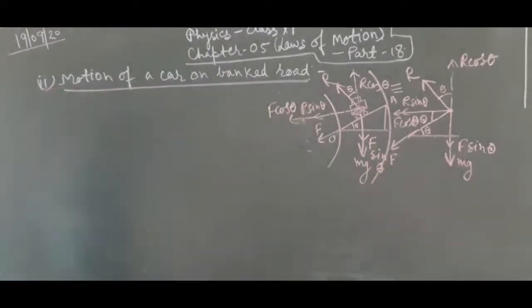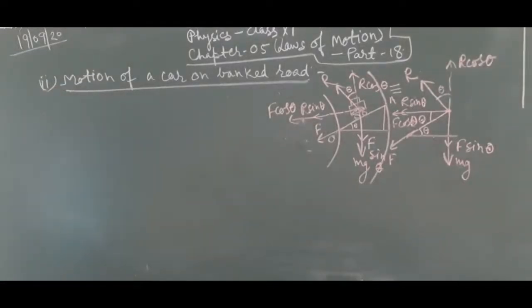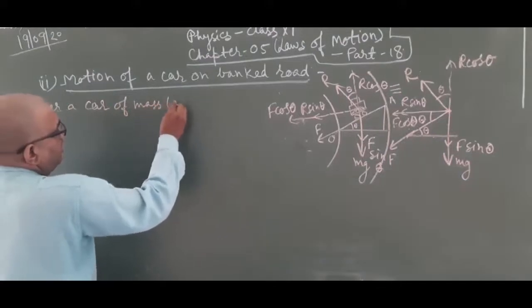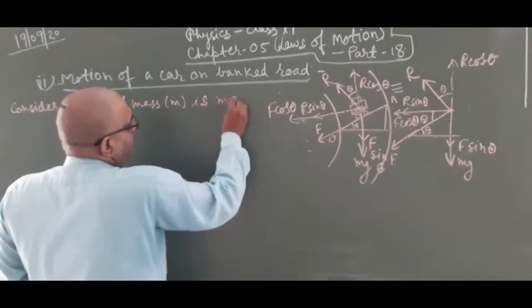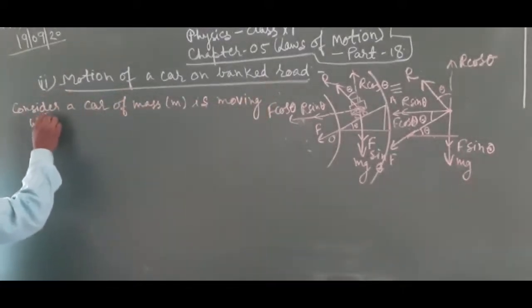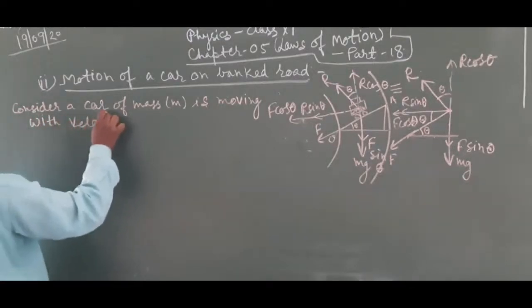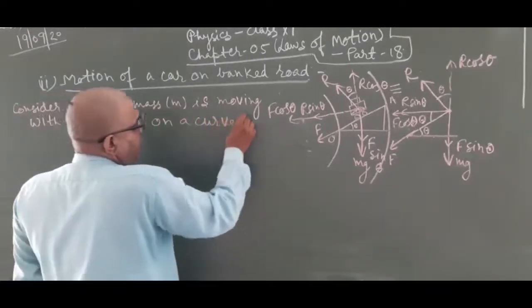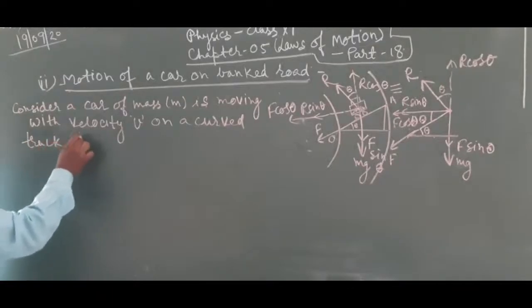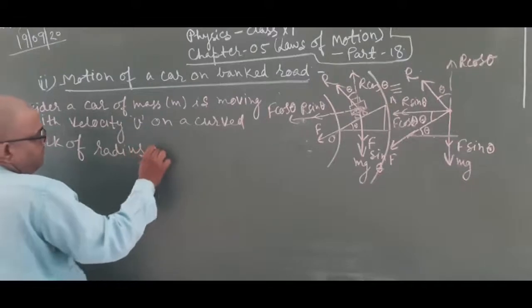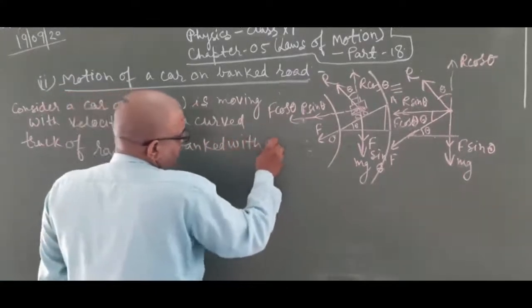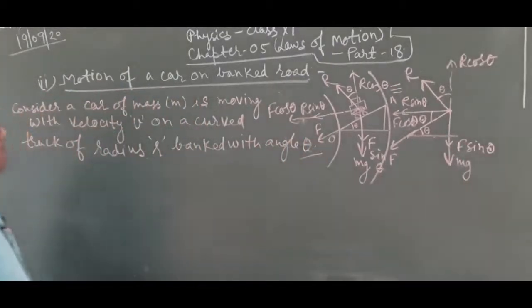And the weight mg. Now, students, consider a car of mass m moving with velocity v on a curved track of radius r, banked with angle theta.